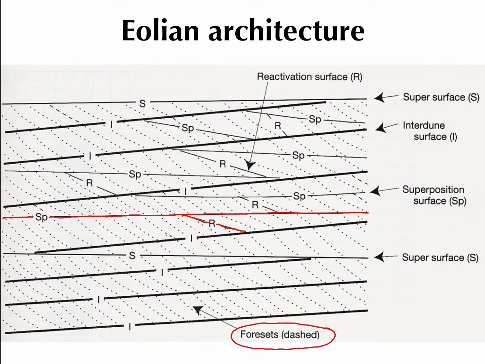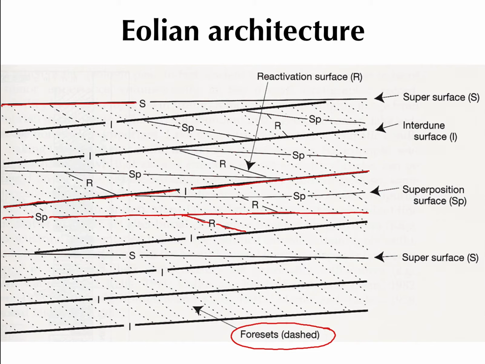Interdune surfaces cross-cut superposition surfaces and represent the larger gaps between dune complexes where you can have either lake sediments or sand flats. And then finally, everything may be cut by something called a supersurface.